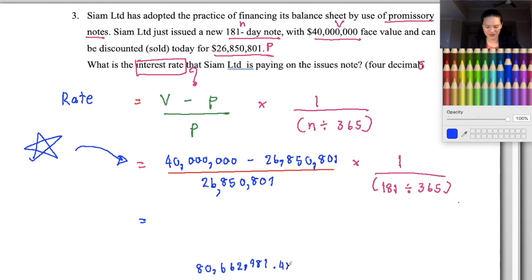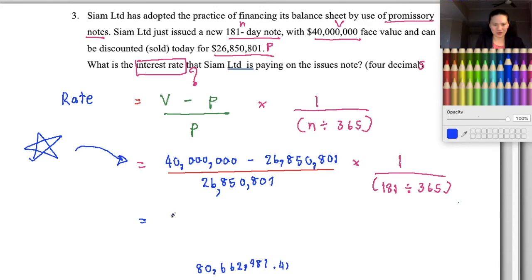Minus 268508001 divided with 268508001. Wow, multiply with 1 divided by 181 divided by 365.